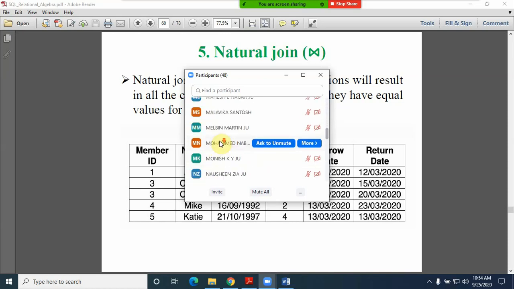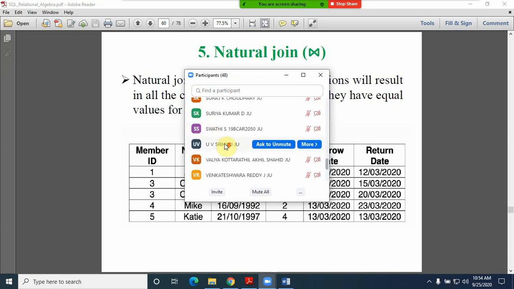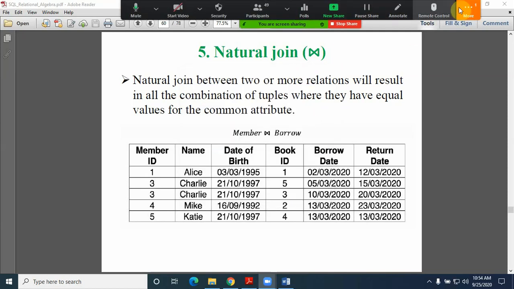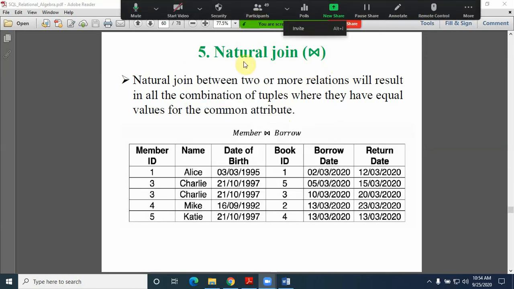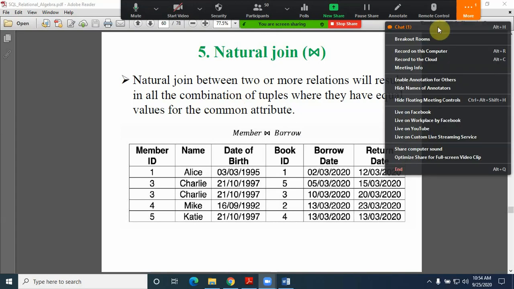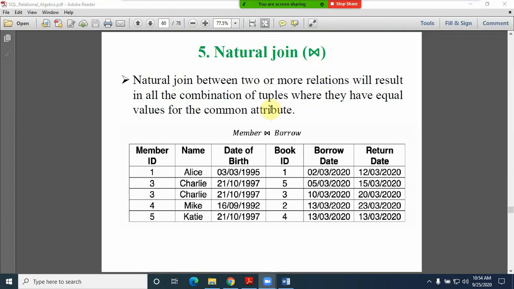Kishore also, Rachana, I am expecting at least some members. Okay, good. Yeah, you're all there, but only the thing is, you could not reply back. Yeah, tell me, what is the thing?